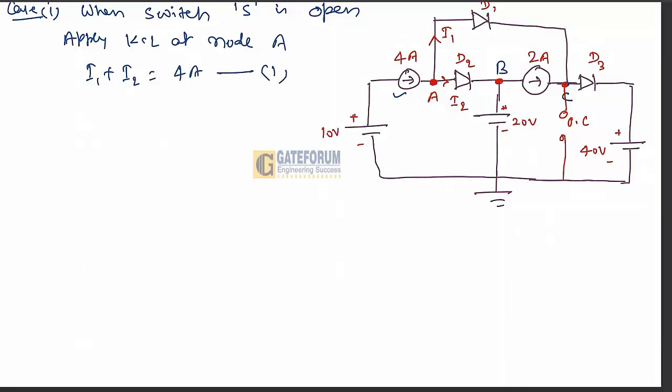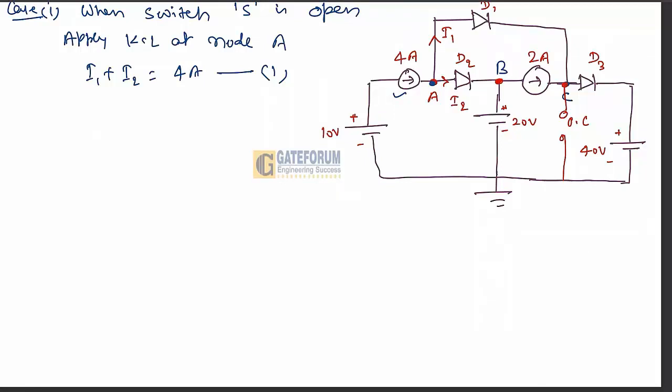Let's say this is equation number 1. At this point, the incoming current is 4 ampere, and the outgoing currents are I1 and I2. So this will be I1 plus I2 is equal to 4 ampere. Let's say this is equation number 1.